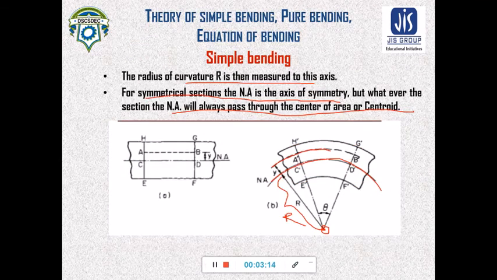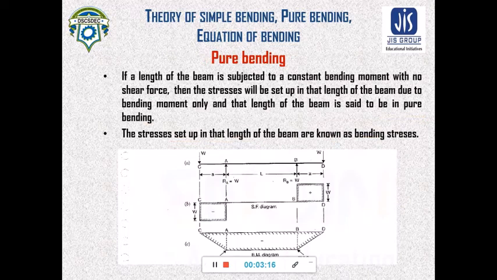Now we will move on to pure bending. What is pure bending? When a length of a beam is subjected to a constant bending moment with no shear force, that means there will be no shear stress, there will be only bending stress, at that time the condition is known as pure bending.